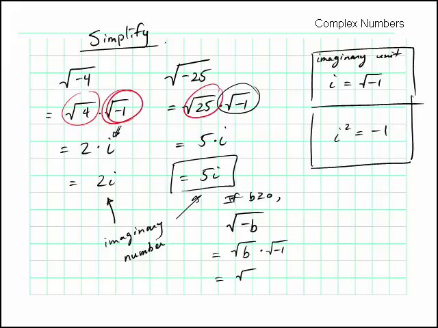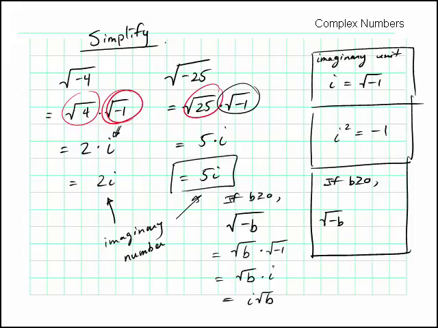Well, that's the square root of b times i. It's customary to write the i in the front of a radical instead of the back, and so I'm going to write that as i square root b. And so I'll put that up here for another one of our little rules. If b is greater than or equal to 0, then the square root of -b is the imaginary number i square root b.